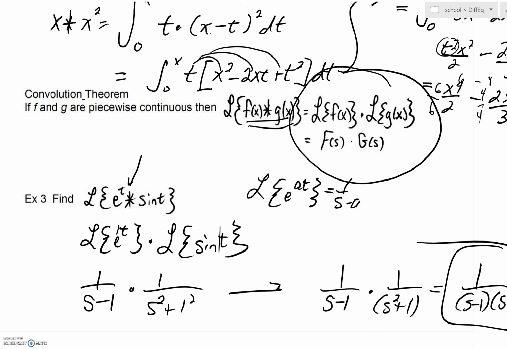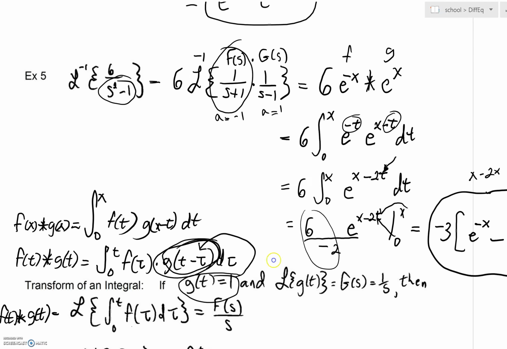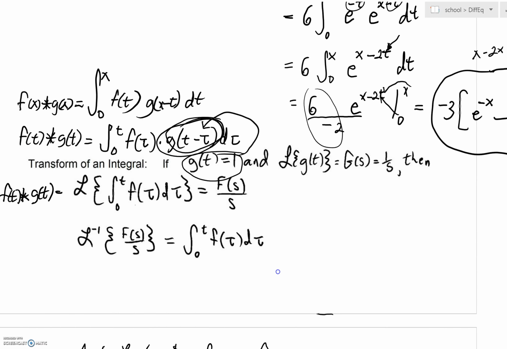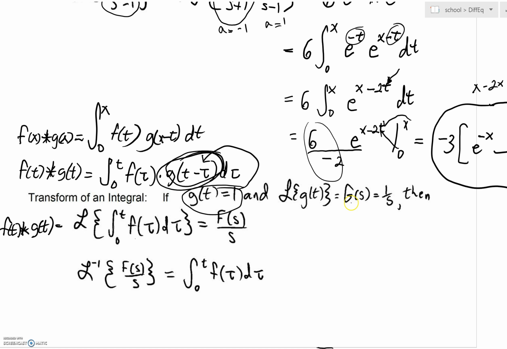If you're applying the Laplace transform of that convolution, it would be the individual Laplace transforms multiplied together. So that's really the proof that we're going to get right here. The Laplace transform of g would be 1 over s. That's just the 1. And the Laplace transform of f would just be capital F of s. So that's what we're seeing right here.